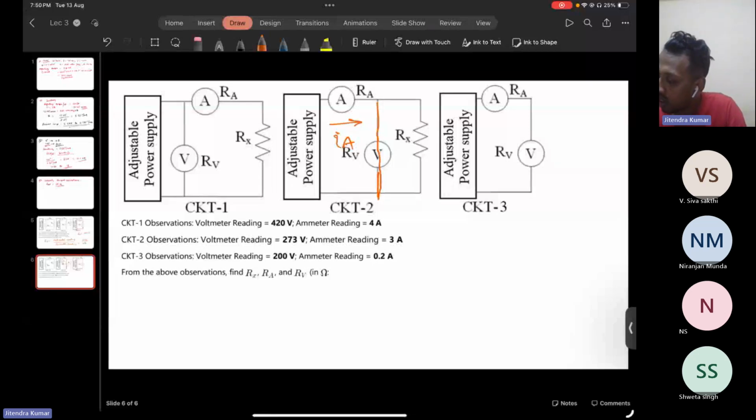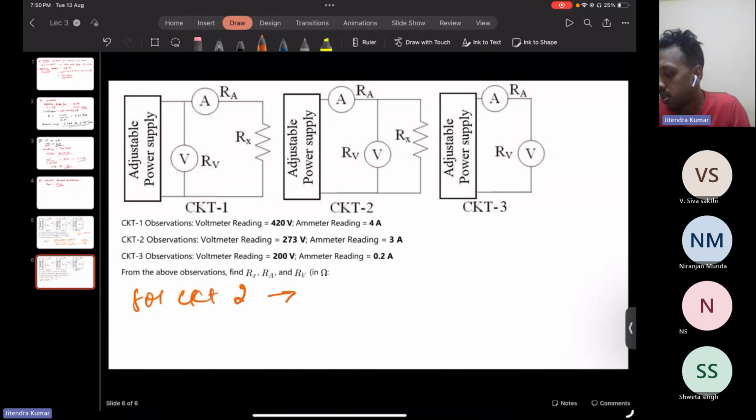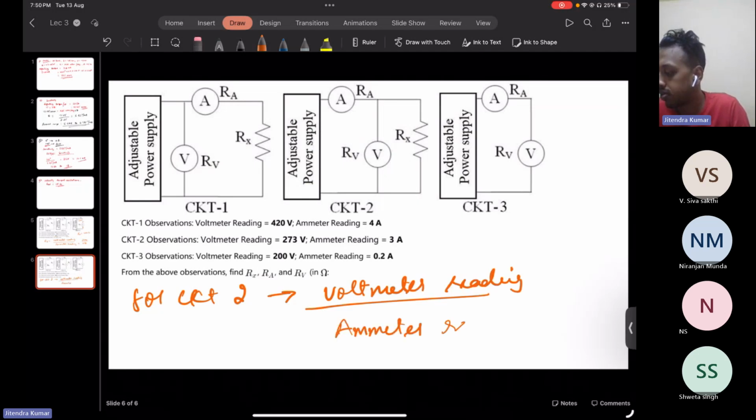So here for circuit 2, voltmeter reading by ammeter reading will give you what?